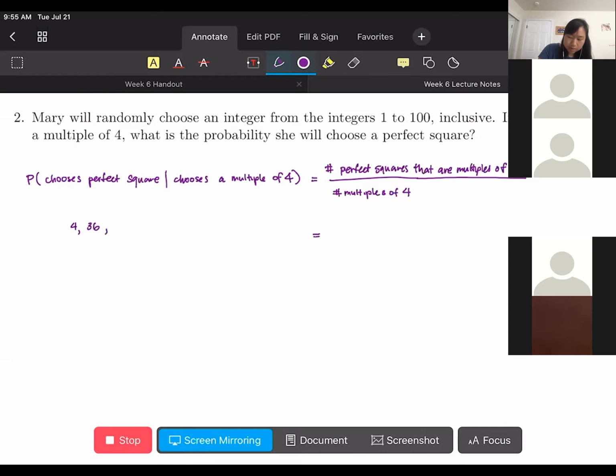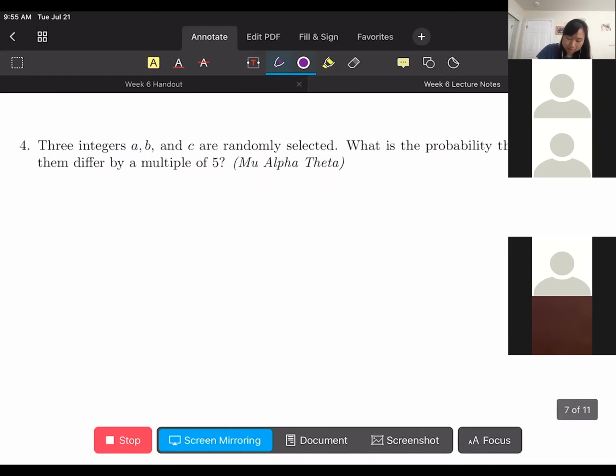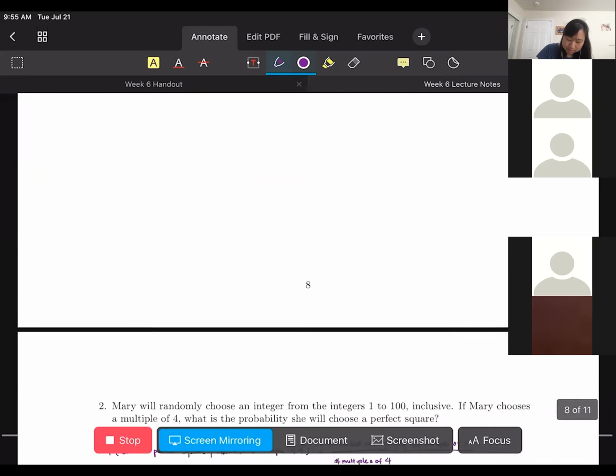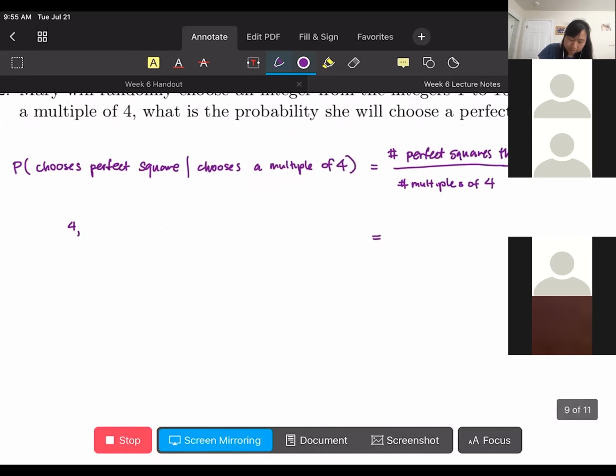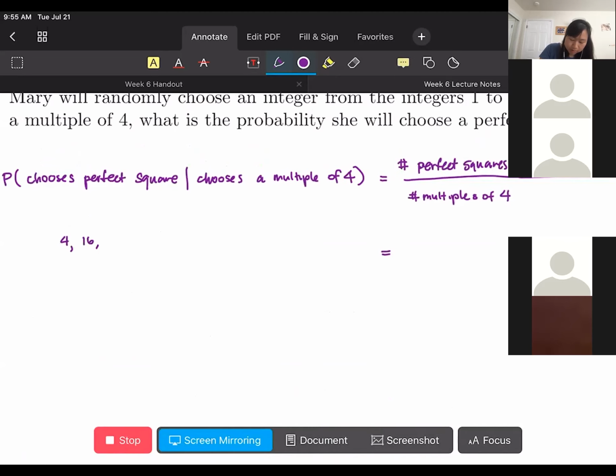Oh, well, we could do this in order. 4 is 2 squared, 16 is 4 squared, 36 is 6 squared, 64 is 8 squared, and then 100 is 10 squared.